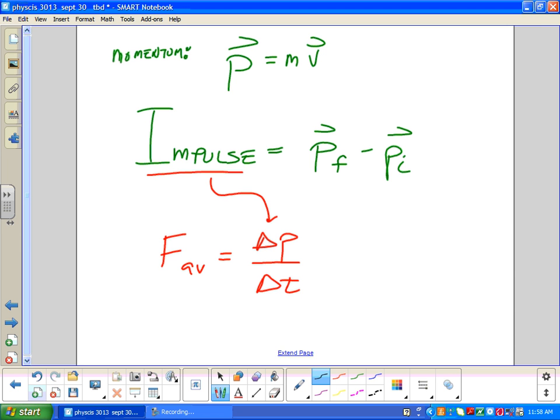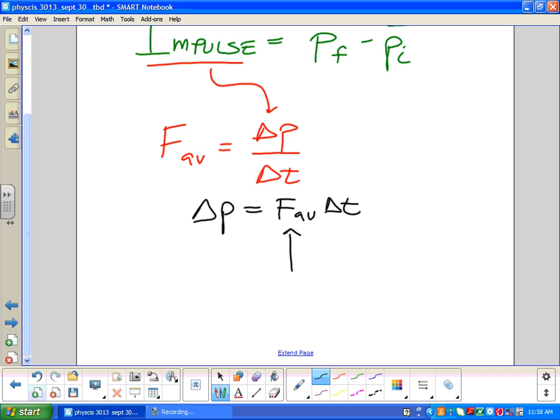Multiply this by delta t on both sides, and here's what I want you to see: the impulse, the change in momentum, is proportional to the force, and it's proportional to the time. If I increase the force, that increases the momentum. Does everybody agree? Or if I increase the time, it increases the momentum.